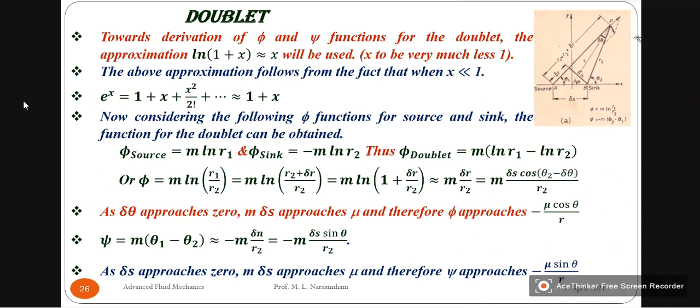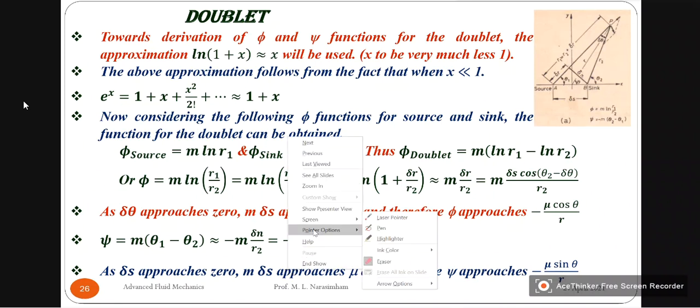Now, what I do is, looking at this figure, this is your origin, and this is your sink, and this is your source.